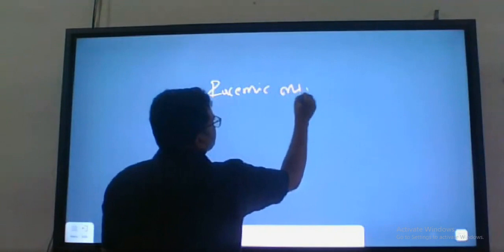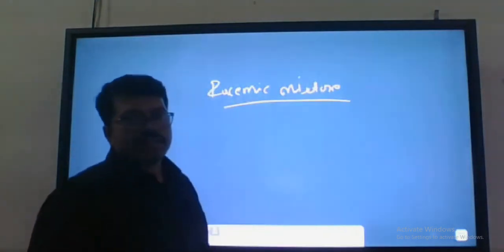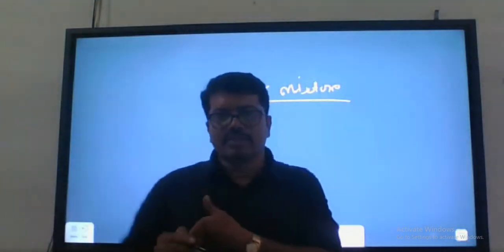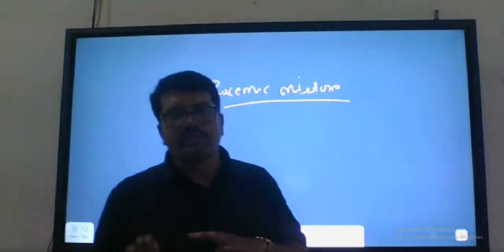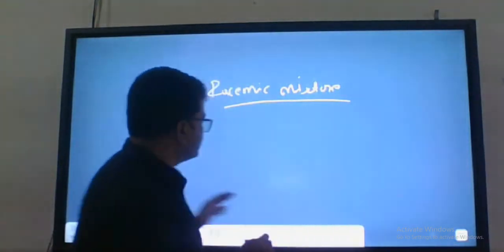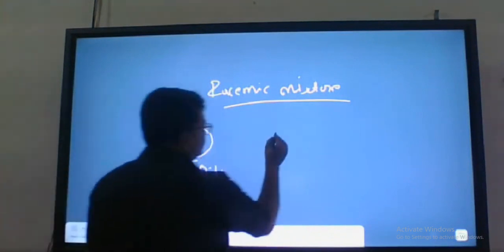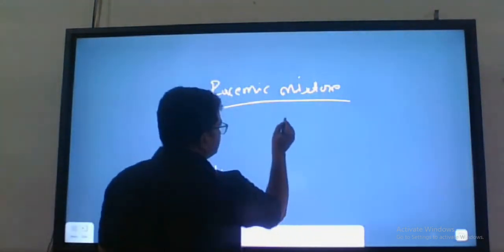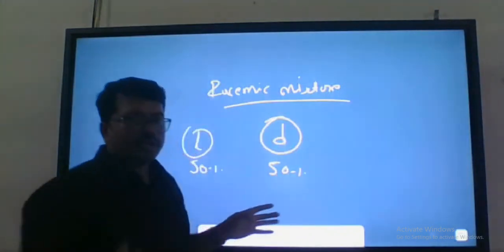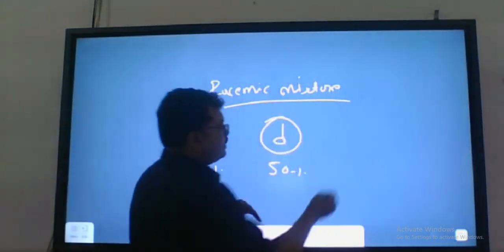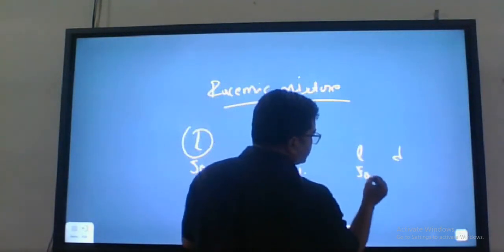Racemic mixture. A racemic mixture is one that has equal amounts of left and right handed enantiomers. Left-handed is 50% and right-handed is also 50%. As I said in optical activity, there are two isomers, one is L and one is D. Both are 50%.